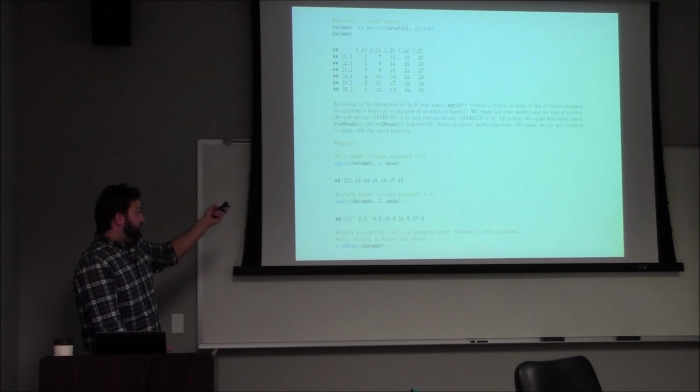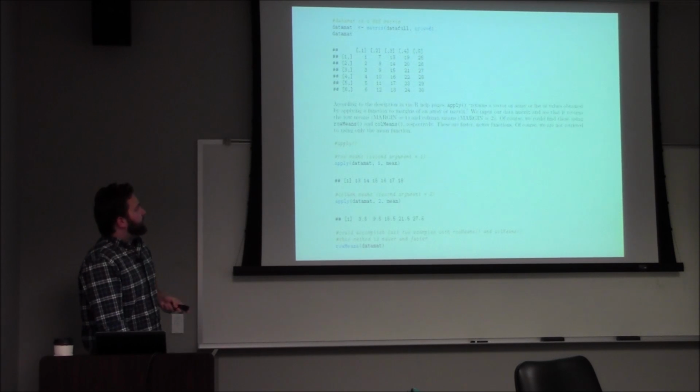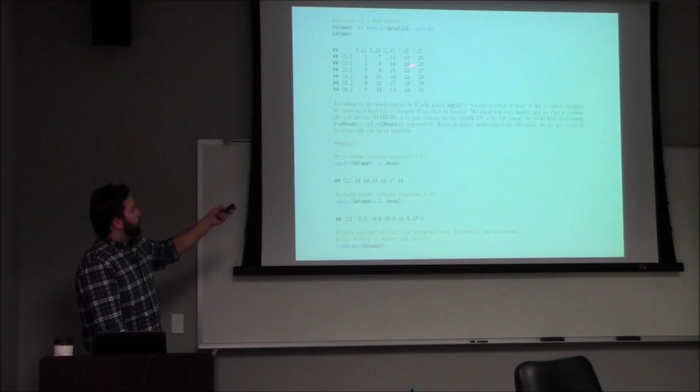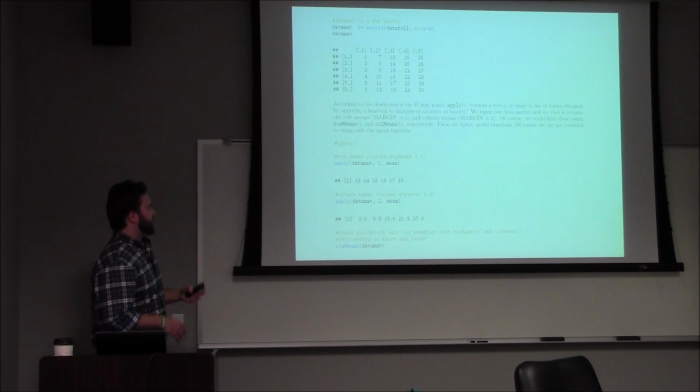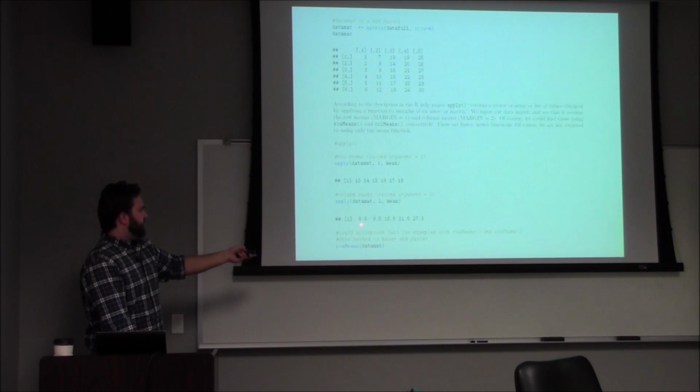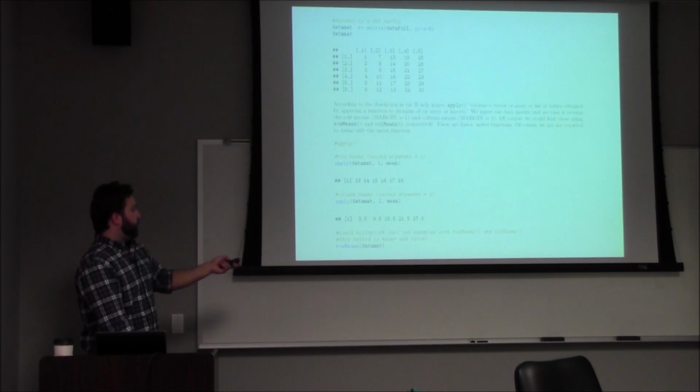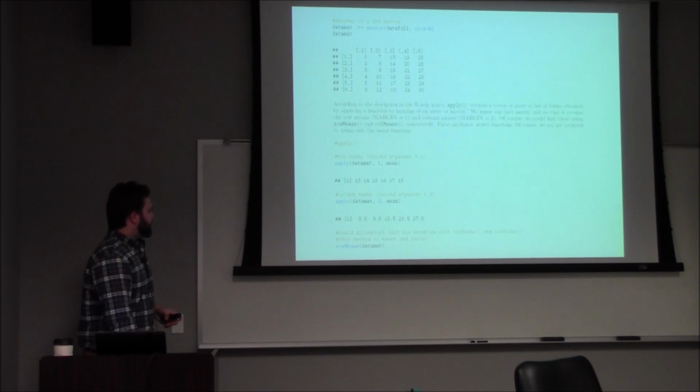Again, I set this matrix up on purpose so that it was easy to calculate what the column averages were, and it should be the numbers that are right in between, the 0.5 markers, or the midpoint of all of the indices in the 3rd and 4th rows, right? So again, I tried to set this up so that it would be obvious that the mean of the first column was 3.5, the mean of the final column is 27.5, and so on.